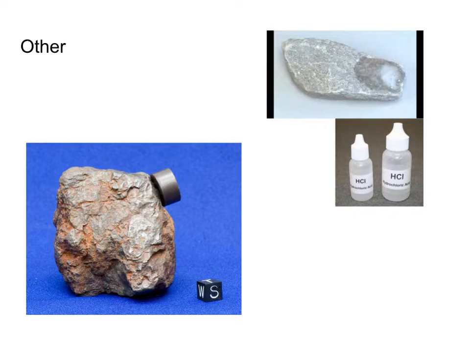And then finally, there are some other things. As I said, we've got some hydrochloric acid up here. There's one class of minerals in particular that we talked about in lecture today that is likely to react with the hydrochloric acid and give off bubbles. Which class? Carbonates. Okay.